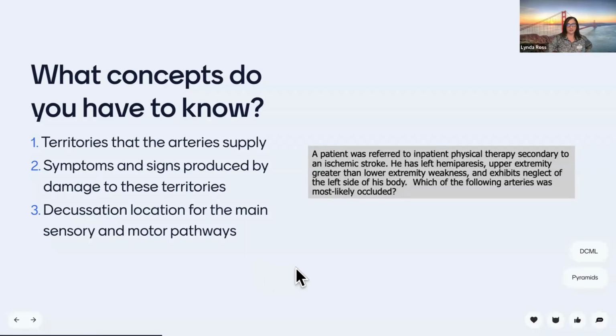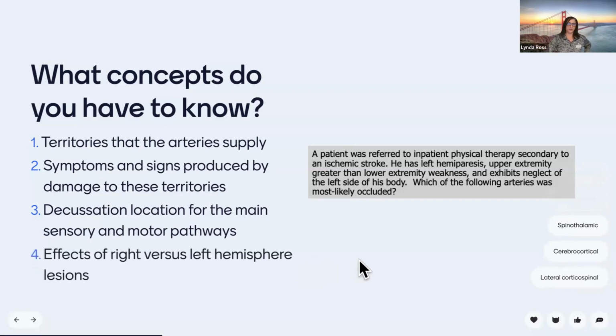Okay, the pyramids is a decussation. That's right. For which tract? Okay, so spinothalamic tract is another tract. Someone's mentioning the cerebellum that we talked about the other day, and lateral corticospinal tract. Excellent. So effects of right versus left hemisphere lesions, and someone had mentioned that too. And remember, we have that lateralization of symptoms.